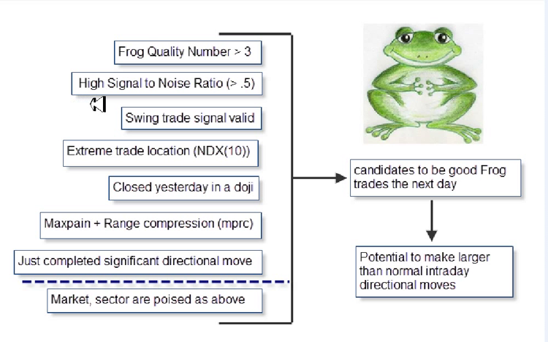Next is a symbol that has a high signal to noise ratio, something greater than 0.5. We define signal to noise ratio by looking at the last 30 trading days, and we take the real body, which is the absolute value of the close minus the open, and divide that by the range, high minus low.